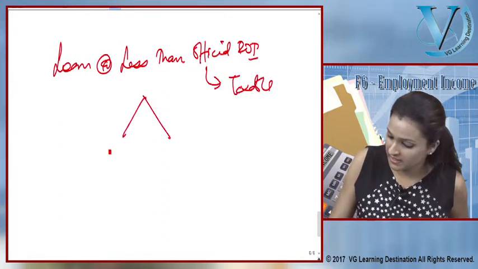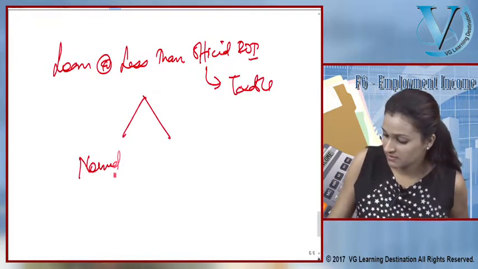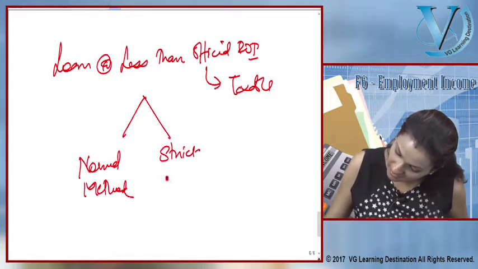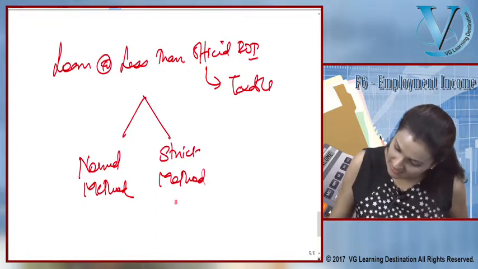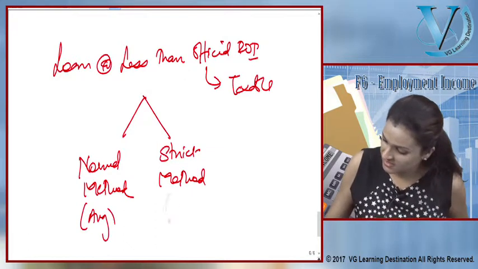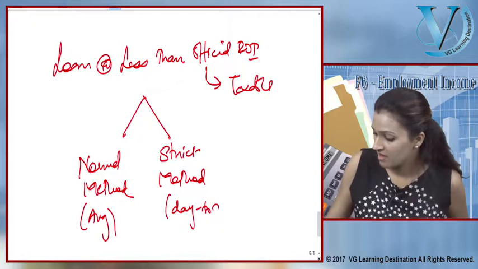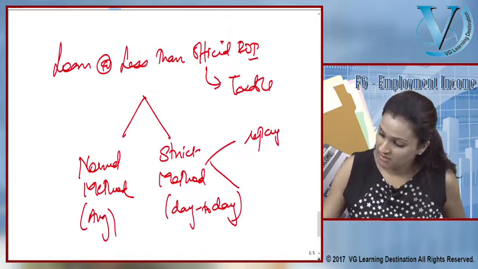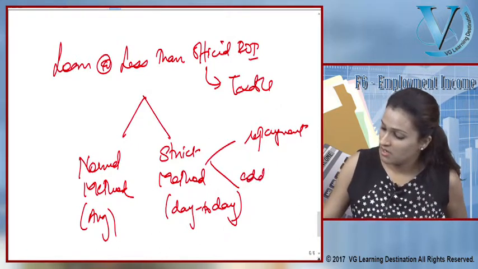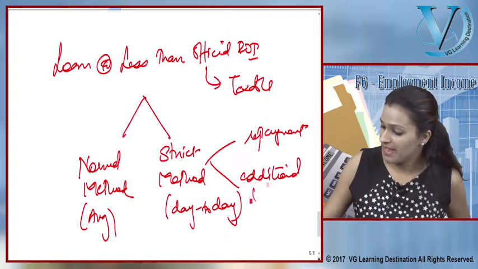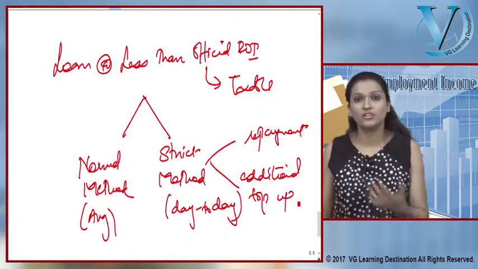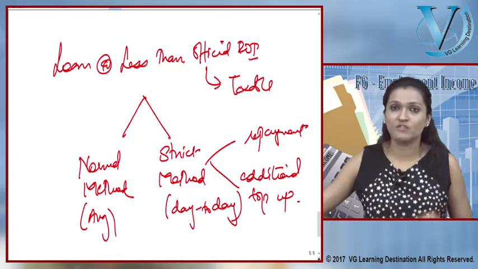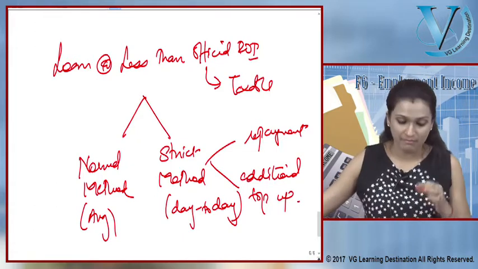You can calculate either under a normal method, or you can calculate under a strict method. This is the average method. This is the day-to-day method. This becomes applicable when either a repayment has been made or an additional top-up has been taken. So this is when you need to calculate your loan interest at less than official rate of interest under the strict method.